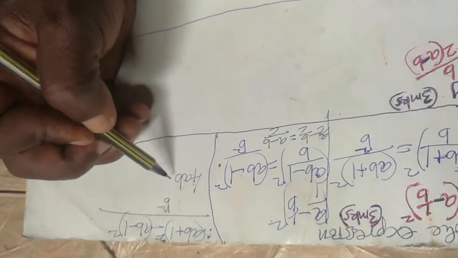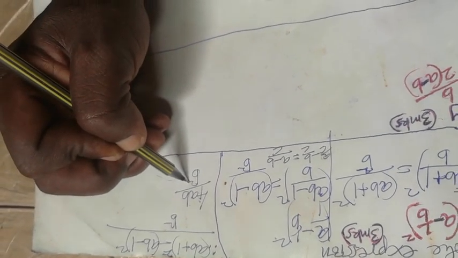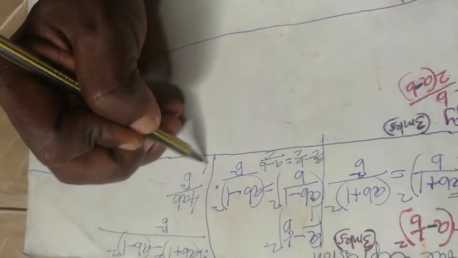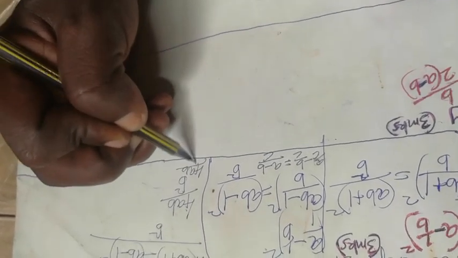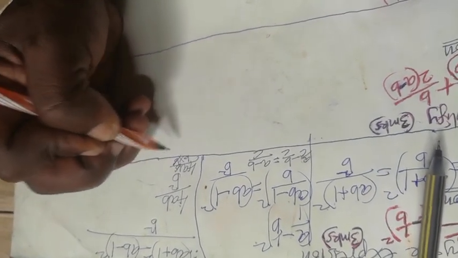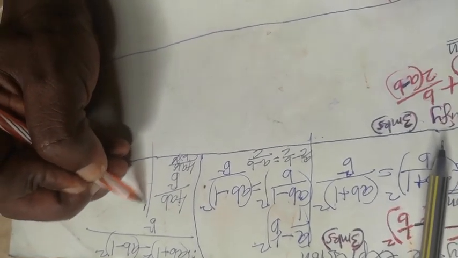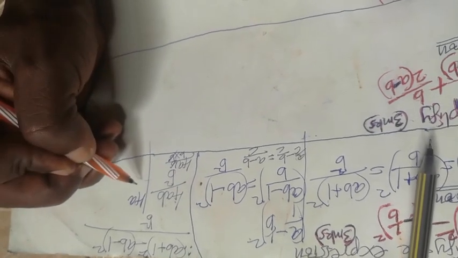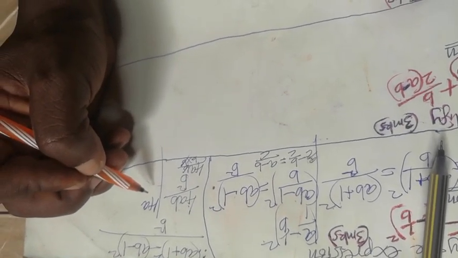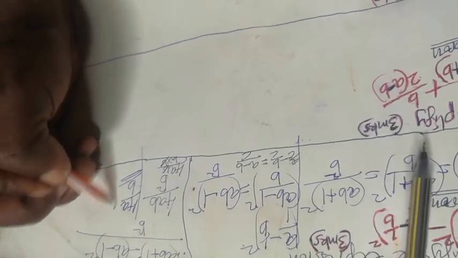This is 4ab over b squared, since b times b is the same as b squared. Now if you cancel b, we remain with 4a over b, and this is our final answer. This was the required answer.